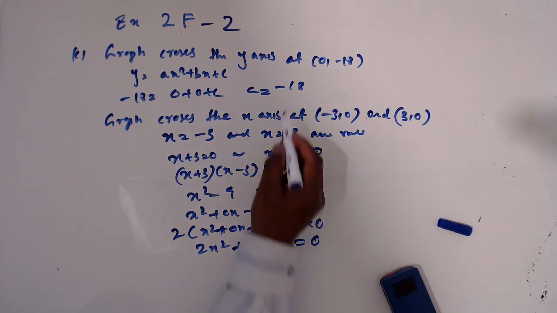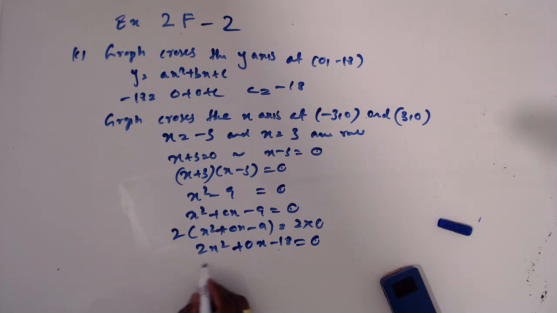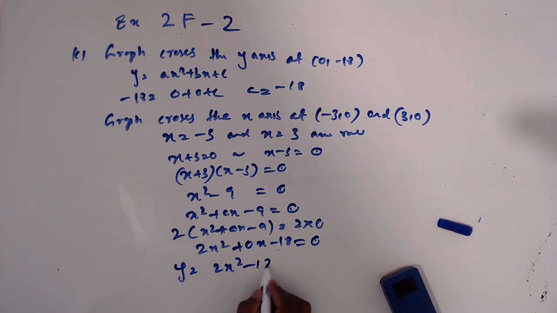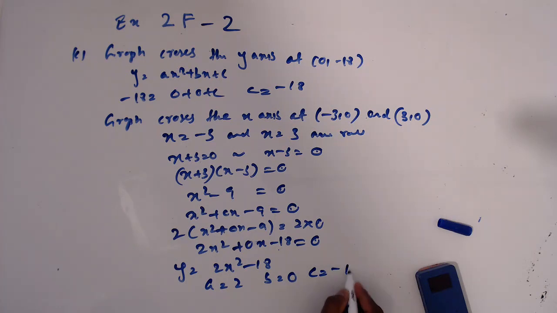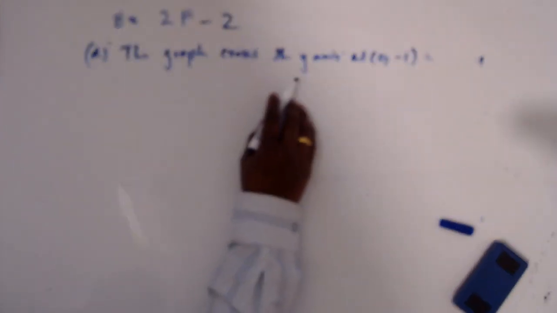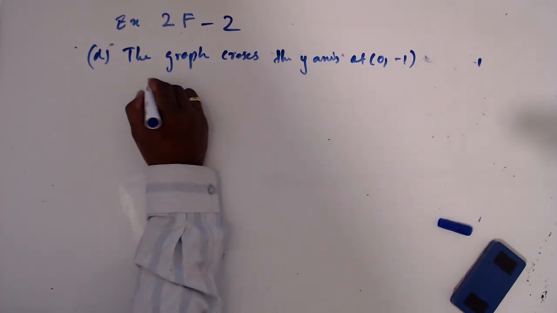Right, now it is matched with the c value. Now the graph is y equal to 2x square minus 18, and a equal 2, b equals 0 and c equal minus 18.